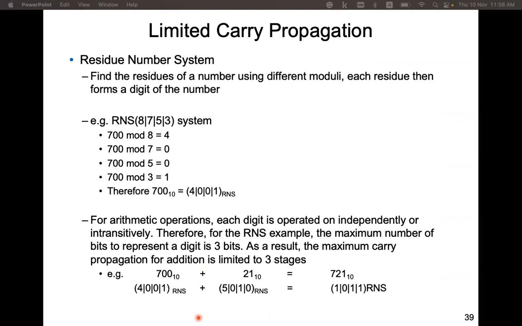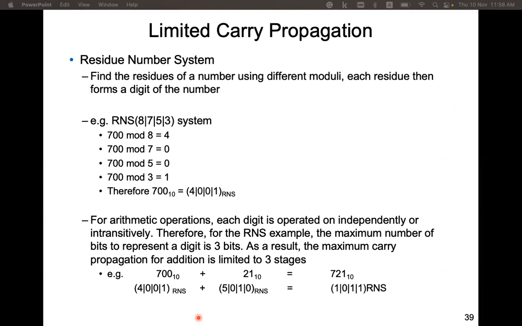From this digit, you know that for a digit corresponding to modulo 8, it has nothing to do with other digits. Other digits divided by 7, 5, or 3 won't have an effect on this digit. So there's nothing of carry propagation.